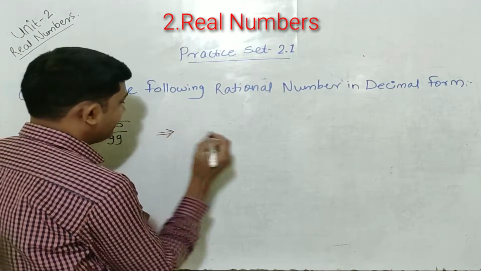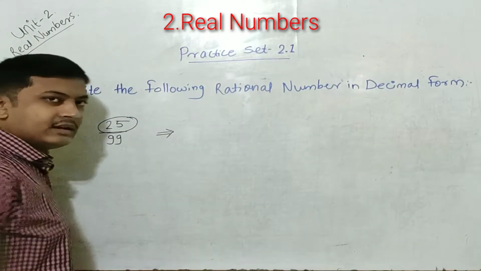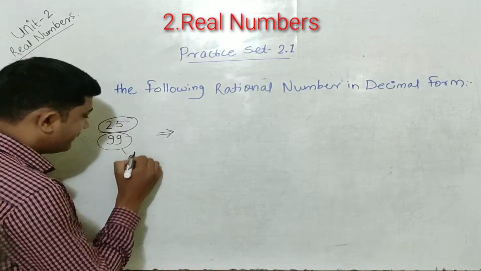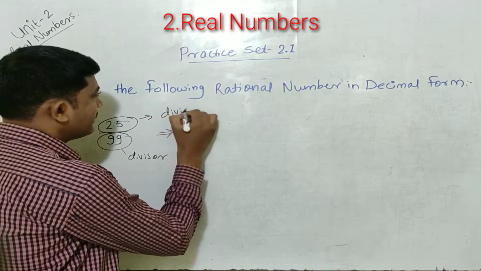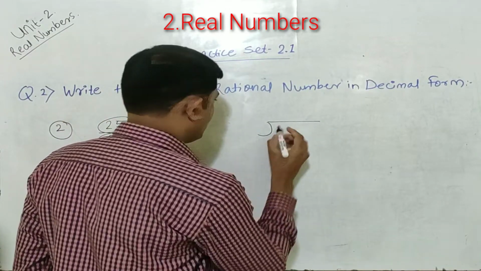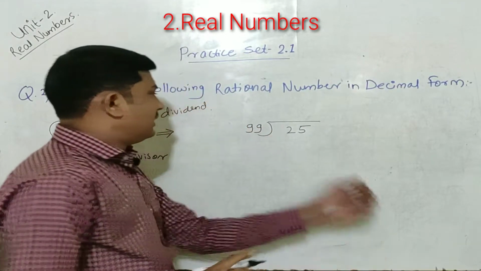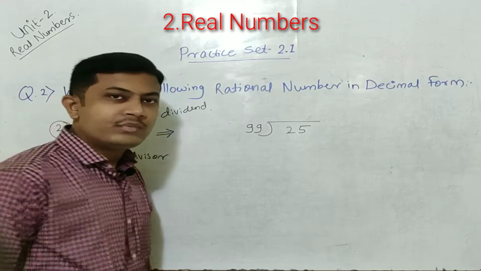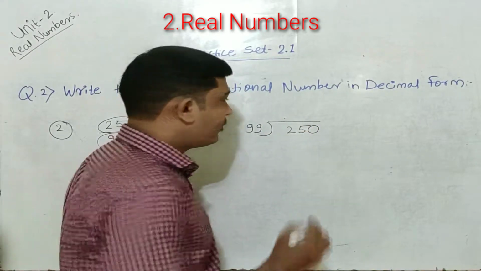Here the numerator is the dividend, and 99 is the divisor. Here 25 is less than 99, so division is not possible. So what we do, follow the rules. Take 1 0, then we have to give here decimal point.